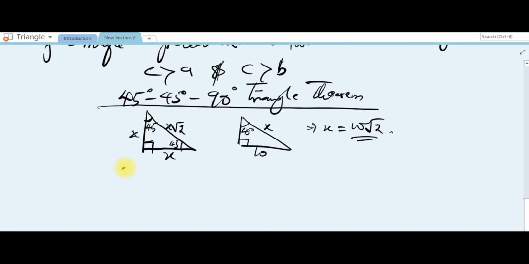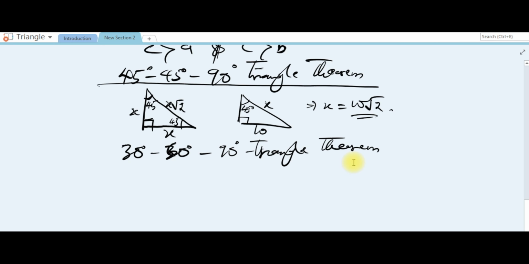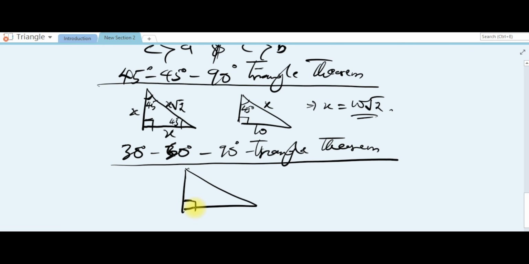The next one is the 30-60-90 triangle theorem. This one is also for a right angle triangle. If here is 30, here should be 60.